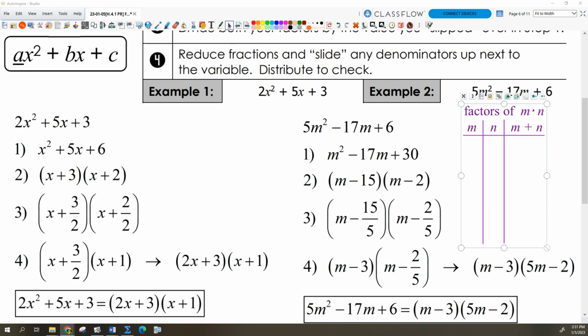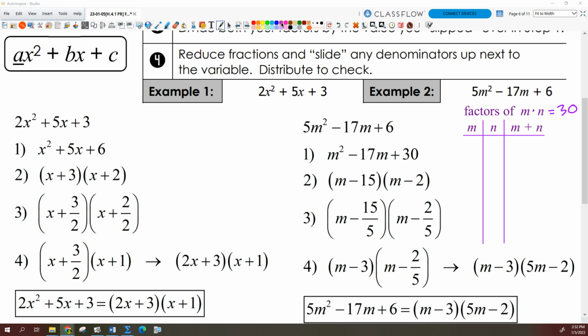So this time we want to find numbers that multiply. It's a little bit different. When we have numbers that multiply to a positive, what we have is 30.